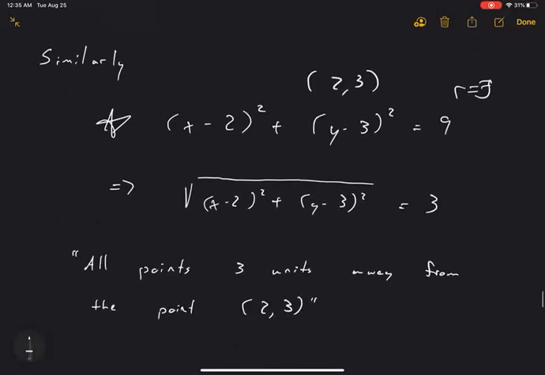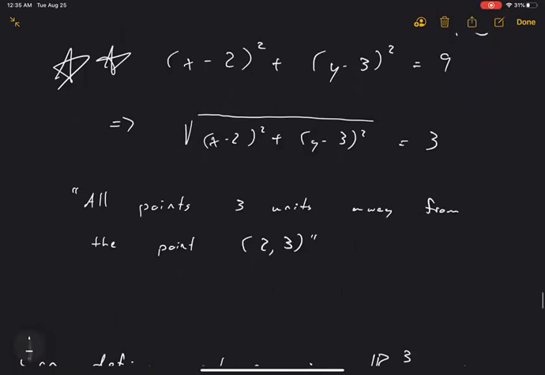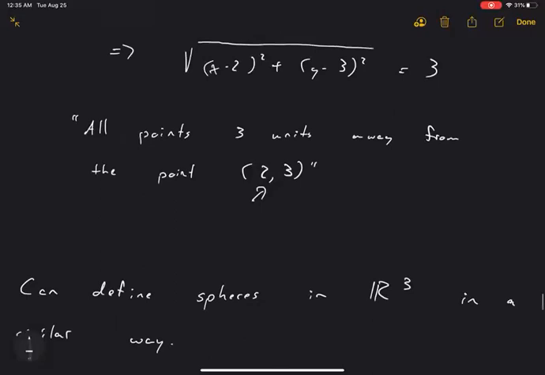We can see this if we take the square root of both sides of this equation. We end up with a distance formula, and we're saying the distance is equal to 3. So we're saying all the points (x, y) that are 3 units away from the point (2, 3). So again, some intuition behind the formula for a circle.